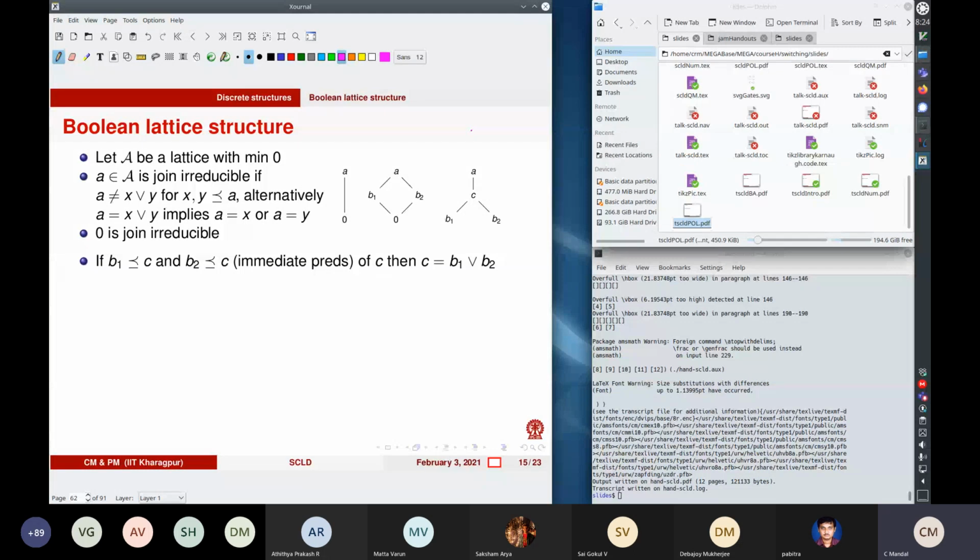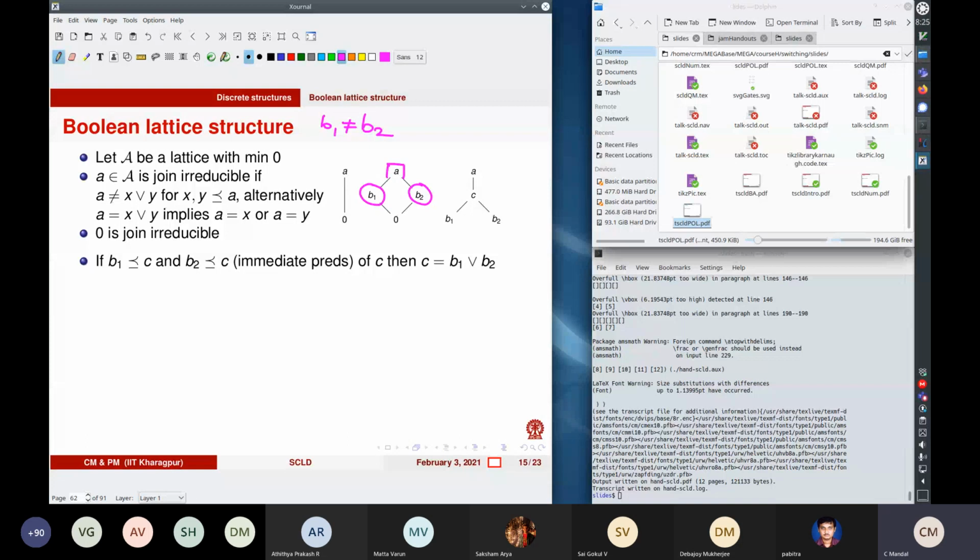So what is a non-trivial join? Let us look at this picture. Here you have two elements, B1 and B2, where B1 is not equal to B2, and then you have this element A here.